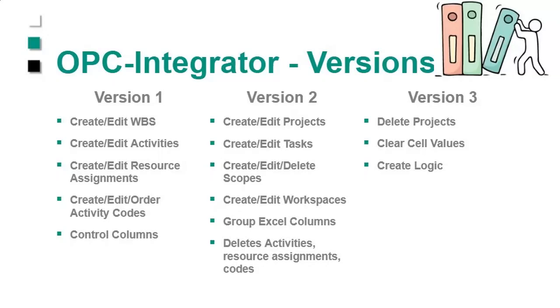So in this first version, we're going to show you how we can create and edit WBSs, create and edit activities, create and edit resource assignments, so the resource is performing the work. Now, when you're doing those sorts of things, you usually also want to code your activities. So activity codes and what's called configure fields or user-defined fields up in the system.